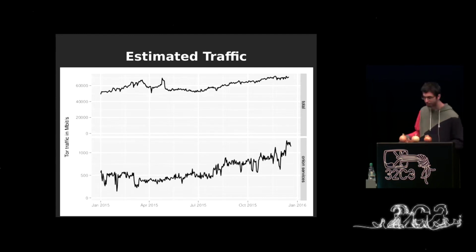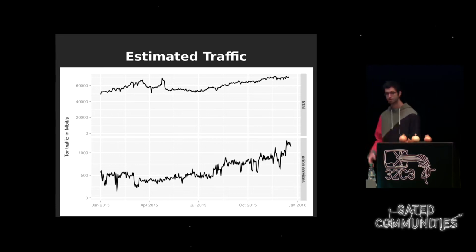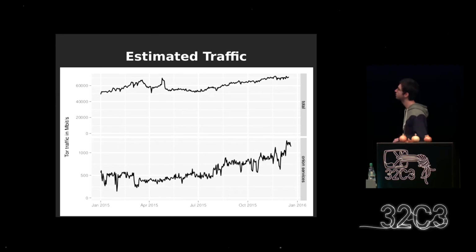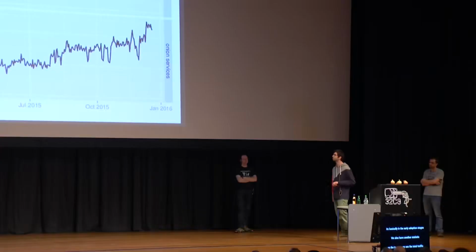We also have another statistic, which is the traffic that the hidden services are generating. On the top, you can see the total traffic that the whole network is pushing. It's about 60,000 megabit. The bottom graph is the hidden service-specific traffic, and you can see that it's like 1,000 megabit, a very small fraction.